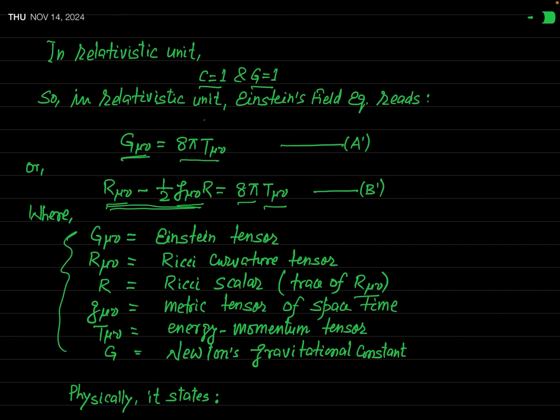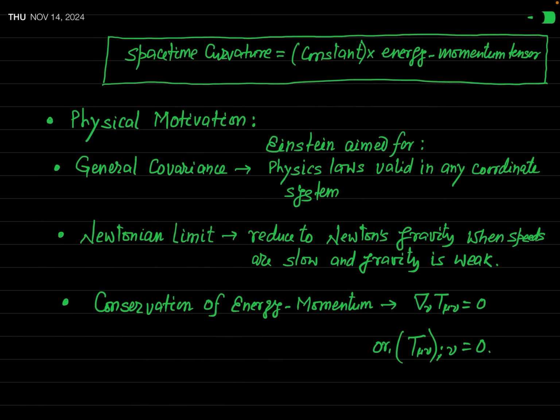It means the curvature of space-time is equal to some constant times the energy momentum tensor. You can also say that the curvature of space-time is proportional to the energy momentum tensor. Physically, this is what Einstein's field equation states.